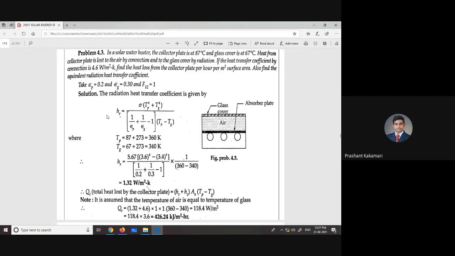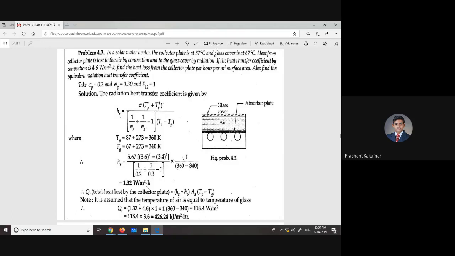Okay, so now coming to the heat transfer coefficient because of the radiation process, what we can do now, I can write the radiation equation using this heat transfer coefficient by radiation, that is sigma into Tp raised to 4 plus Tg raised to 4, provided sigma is the Stefan Boltzmann constant, Tp is temperature in Kelvin raised to 4, Tg is also in Kelvin raised to 4.